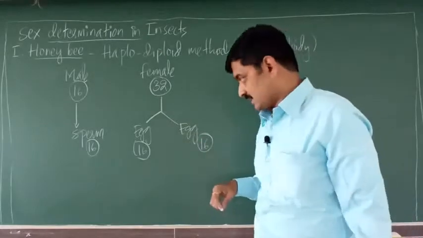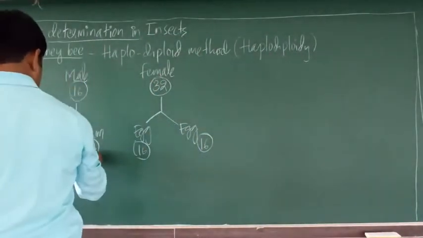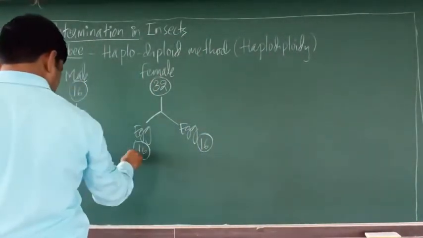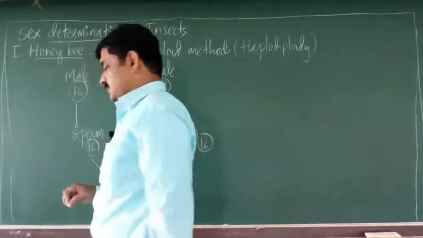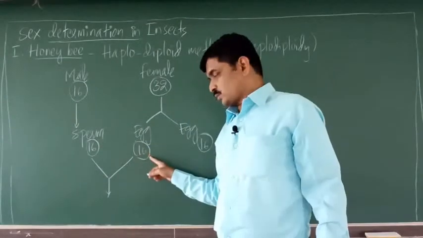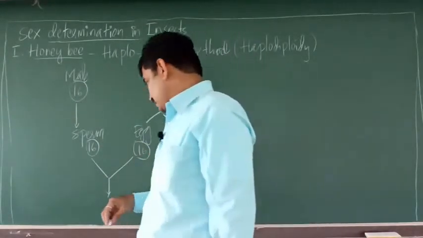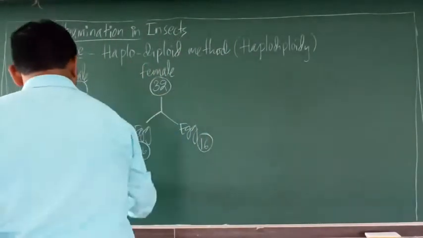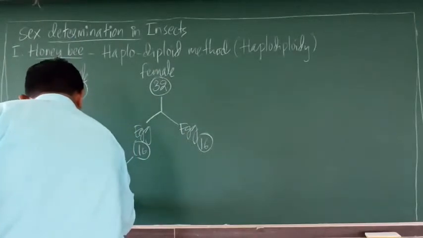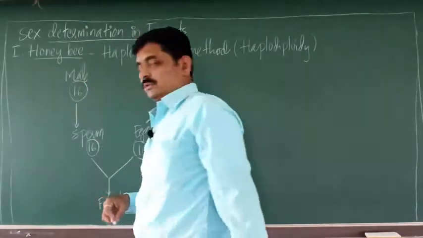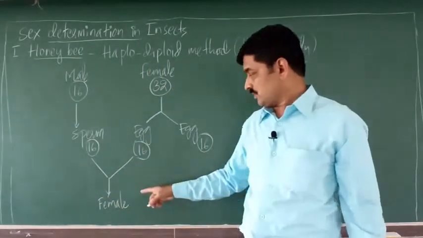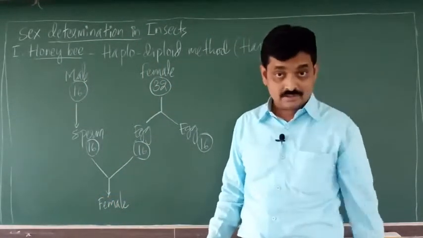So first we shall consider fertilization. Now this sperm fuses with this ovum and it produces an offspring which is female.